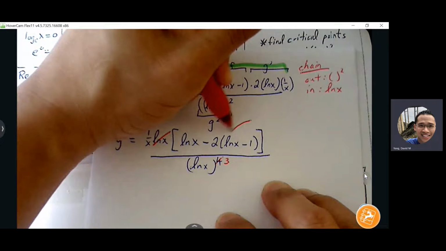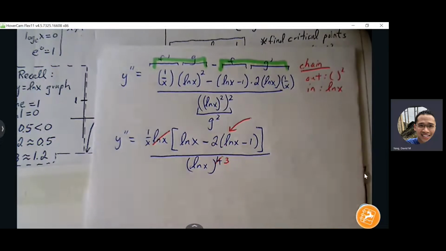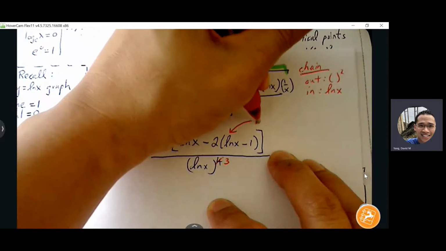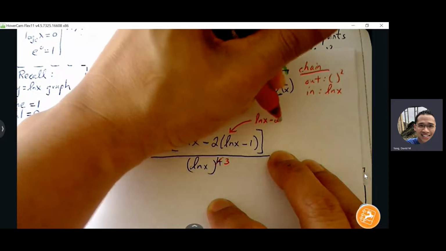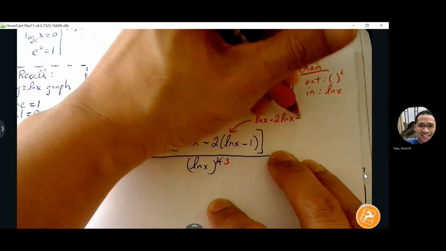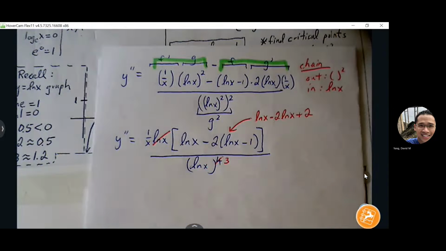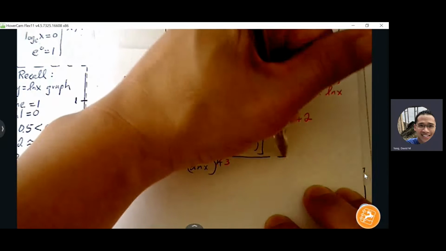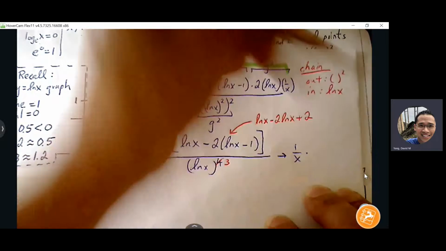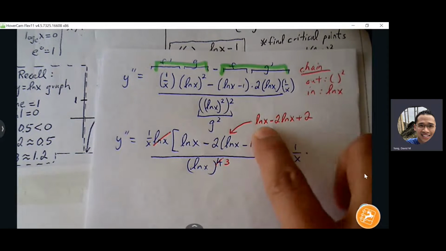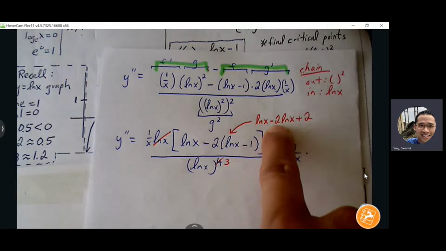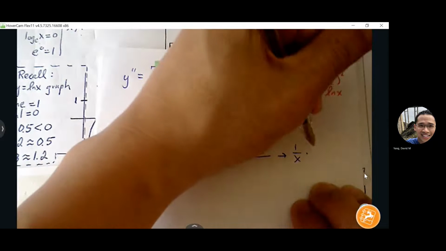Do a little bit of cleanup here, right? I can distribute the negative through. There can be some like terms that we can deal with here. All right, let's see what that cleans up to be. I have 1 over x sitting out in front. Natural log of x minus 2 natural log of x, what does that become? Negative 1 natural log of x, right?